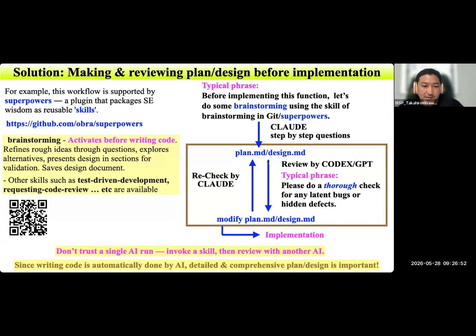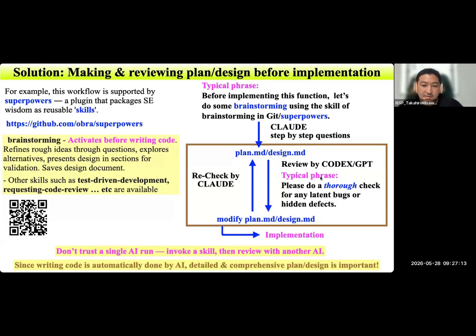But my recommendation is that before implementation, it is better to have a review by another AI, such as Codex. A typical phrase for asking AI to review is: please do a thorough check for any latent bugs or hidden defects.